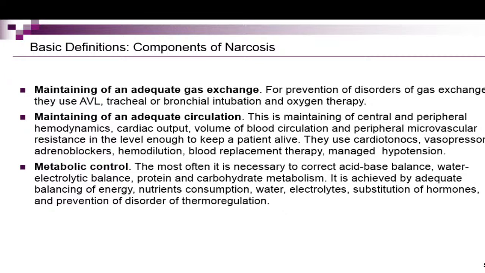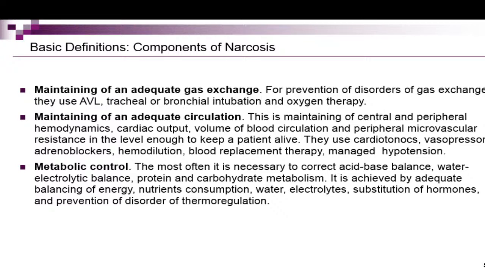Maintaining of an adequate circulation. This is maintaining of central and peripheral hemodynamics, cardiac output, volume of blood circulation, and peripheral microvascular resistance at a level enough to keep the patient alive. We should preserve the function of cardiovascular system because heart and vessels are the main system responsible for living of our body.